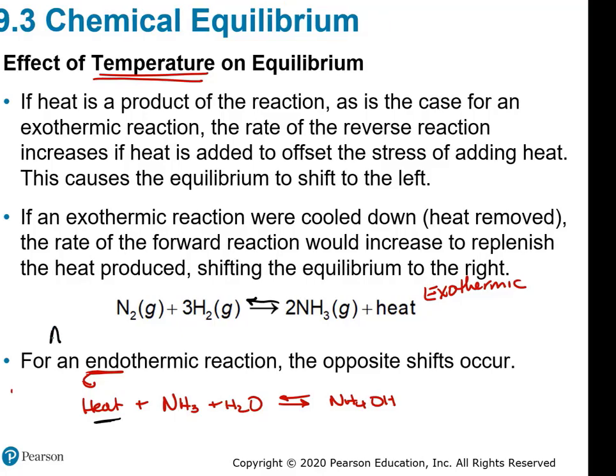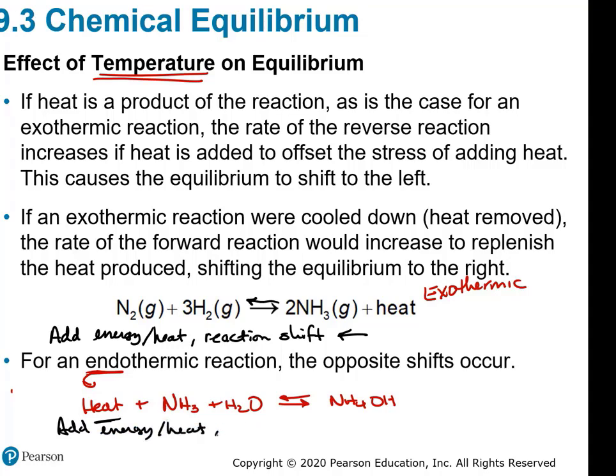So up here, if I add energy or heat, the reaction would shift away from what I added and end up shifting to the left. For the bottom one, if I add energy or heat, the reaction is going to shift away from the reactant side, so it'll shift to the right, towards the product.